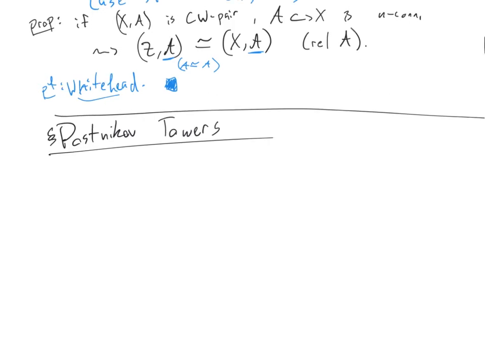So on one hand, we have this space X, and we can produce inside of it Z0 with a map that's 0 connected. This goes up to Z1, up, etc., etc. This is 1 connected. And we ended up with, eventually, a Z that was weakly equivalent to X, and it was CW.